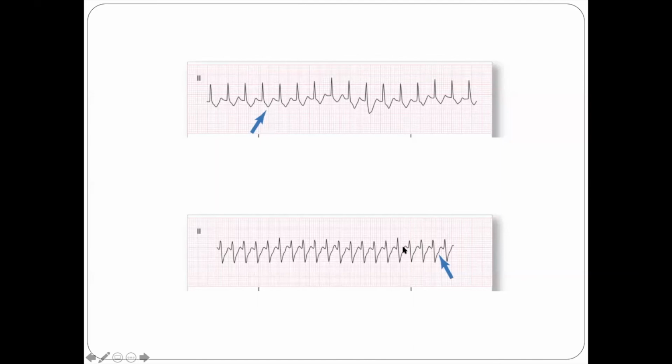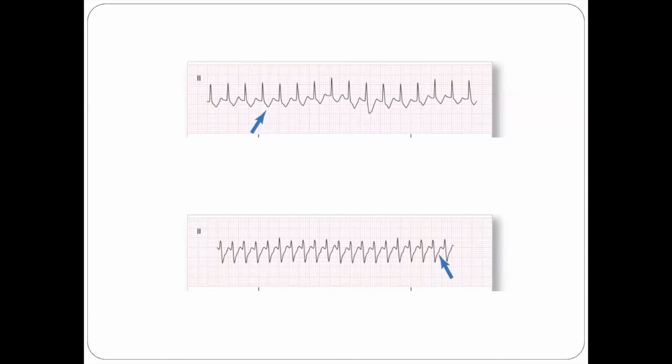You note this is not an SVT because you can clearly see where the P waves are in the T wave, or right before the T wave. And again, it's got a prolonged R to P interval. So it's not AVNRT. The wide complex QRS lets you know that it is antidromic AVRT, which is a much more serious condition, of course.